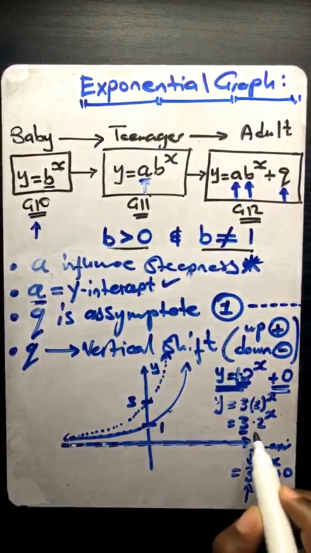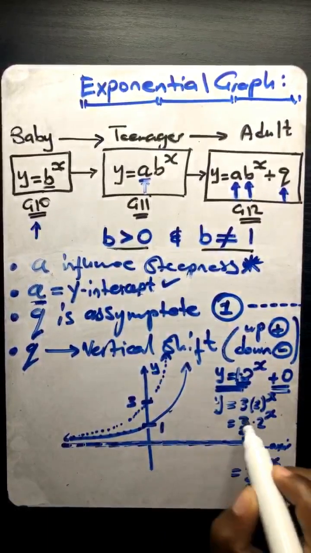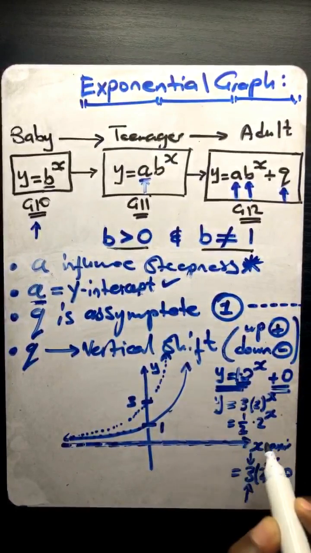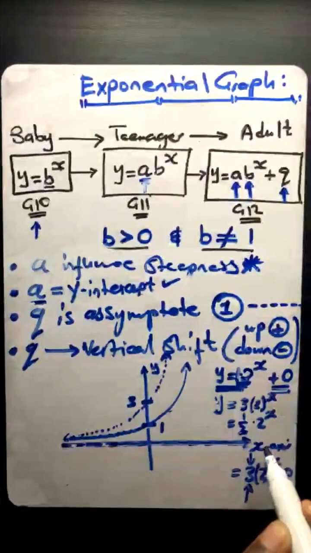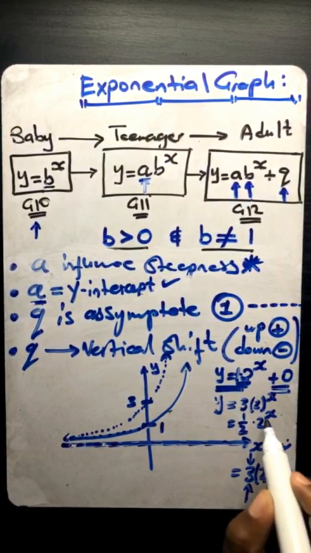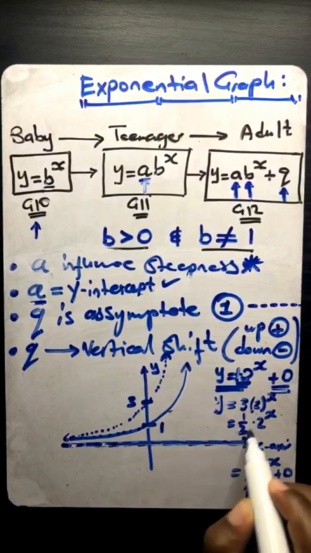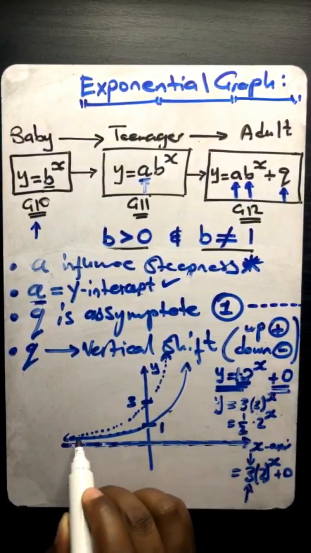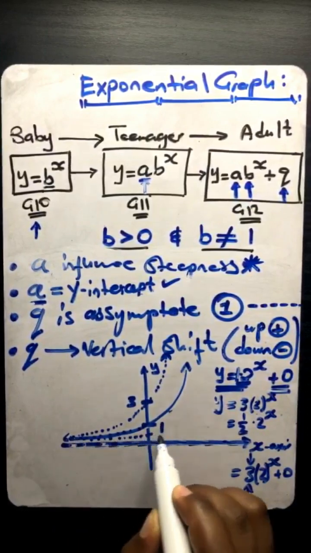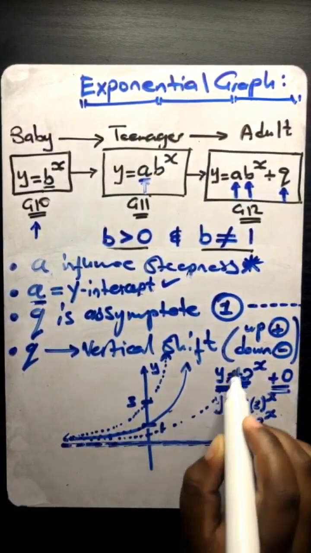So maybe if here it wasn't 3, but it was a smaller value, let's say 1 over 2. Can you see 1 over 2? It's a value less than 1. Remember, I'm not talking about the B value, but the A value. So it was going to cut there at half, and then it does something similar to that.